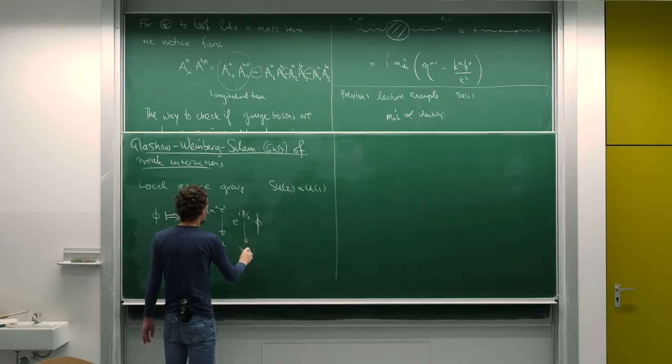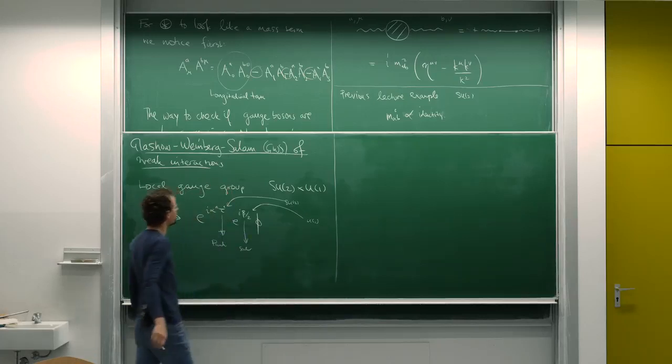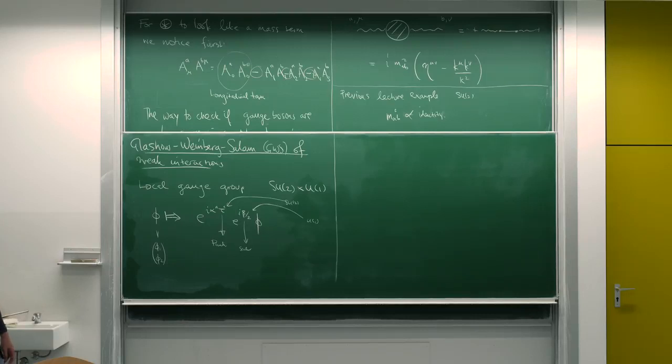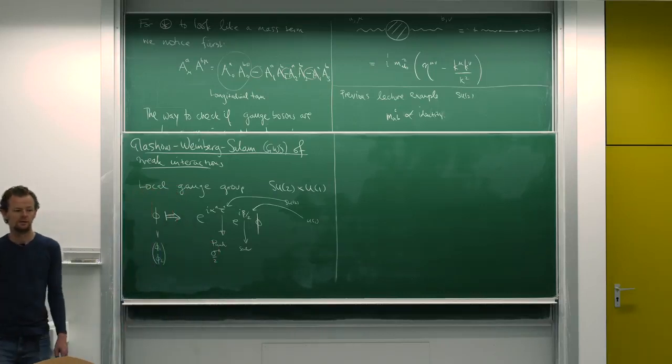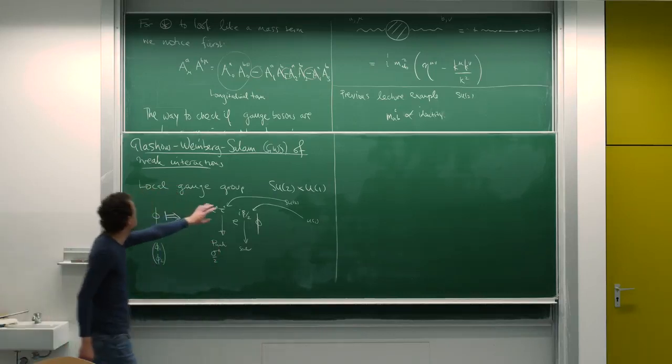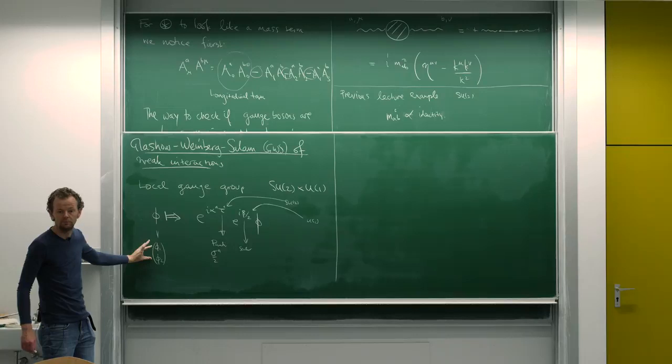And this is the scalar. So this is how the SU2 part acts, and this is how the U1 part acts. So tau A is sigma A over 2, Pauli operators. So this is a representation of this group here, SU2 cross U1, on a pair of scalar boson fields, phi 1 and phi 2.